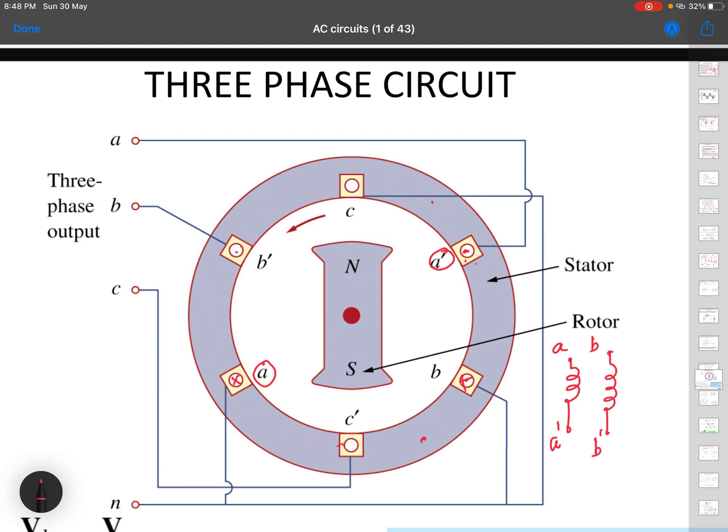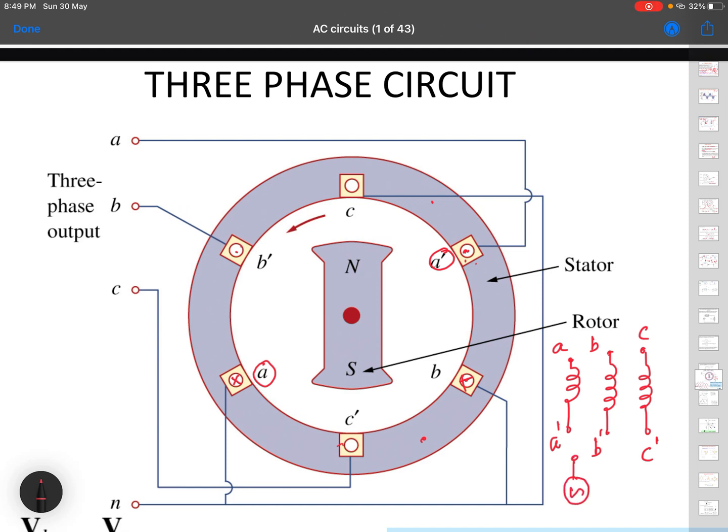These three coils see the magnetic field changing across them, and therefore EMFs are generated in them. These coils act like voltage sources, so sometimes they are shown as voltage sources. This is an AC voltage source.